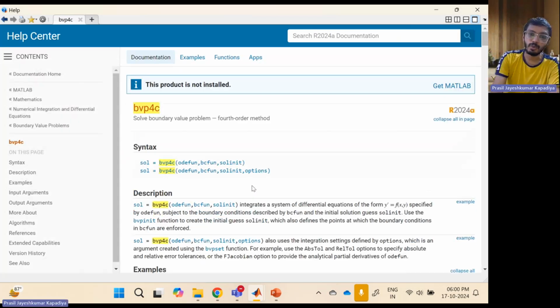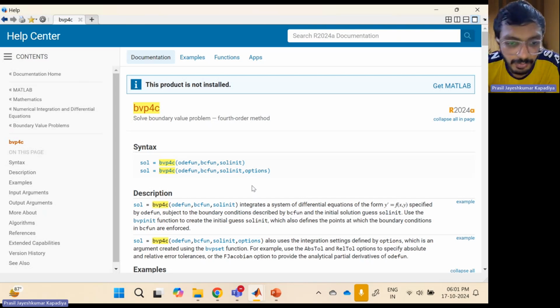So see, this BVP4C integrates a system of differential equations of the form y prime is equal to f of x comma y specified by ODE function, subject to the boundary conditions described by BC fun and initial solution guess sol init.